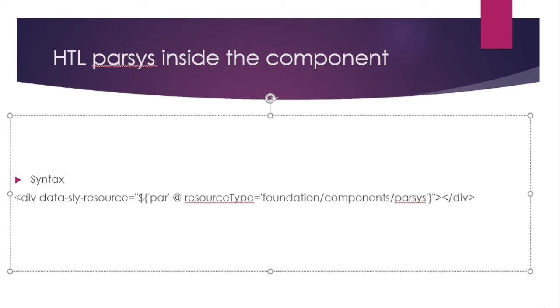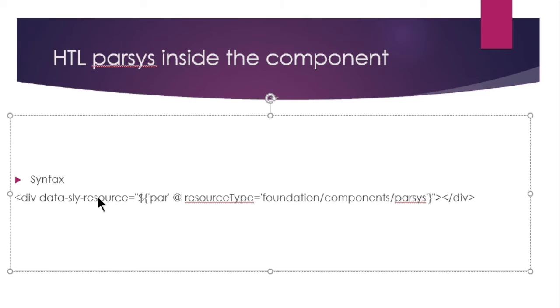So the next thing I want to show you guys is how you declare parsys inside a Sightly HTML, HTL file. The way you do it in this sample is, I have a div and I'm calling data slide resource. If you Google it, there's documentation for what kind of resources you can call.